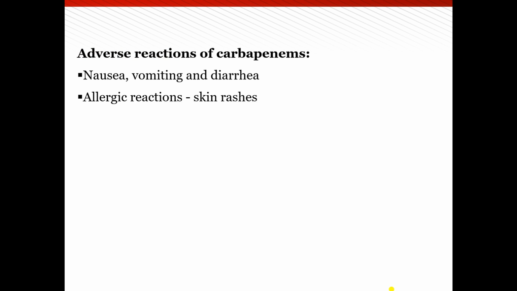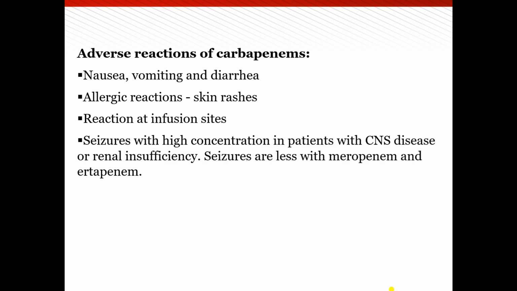So if we combine all adverse drug reactions of the whole carbapenem group, they produce GI upset like nausea, vomiting, diarrhea, abdominal pain, allergic reactions which may range from skin rashes to severe anaphylactoid reactions, and reactions at the infusion site which include pain, inflammation of the vein, etc. Seizure activity is very highly seen in those who previously have other CNS disorders or renal insufficiency.